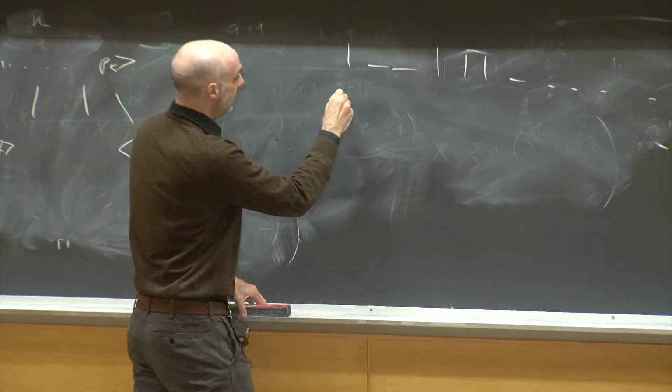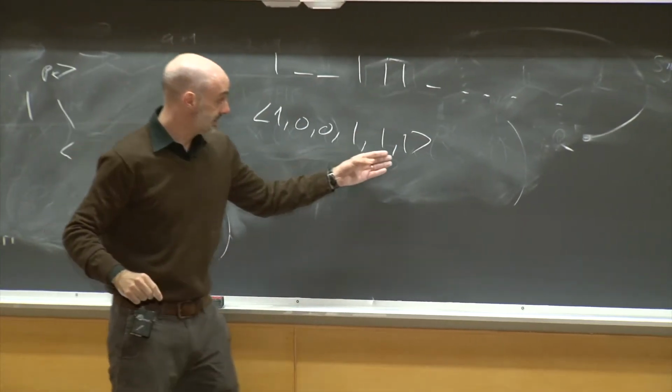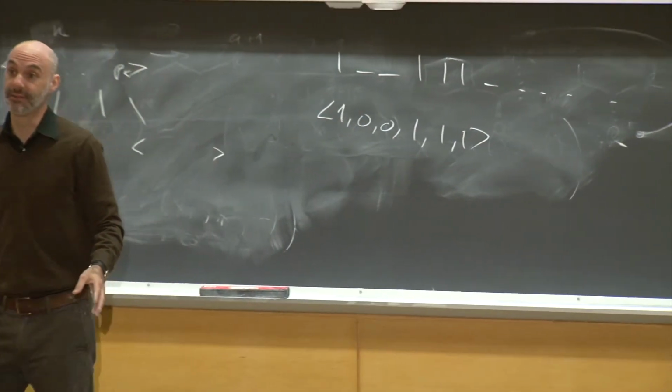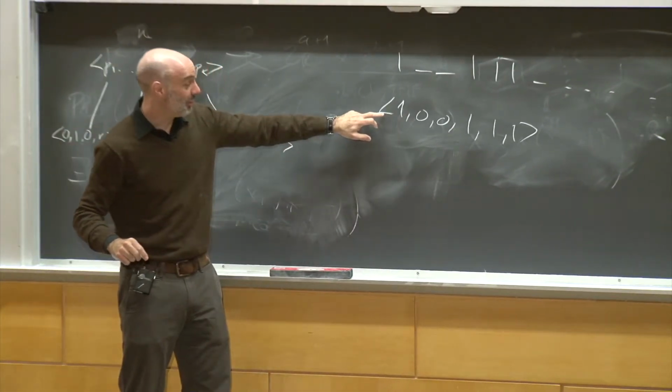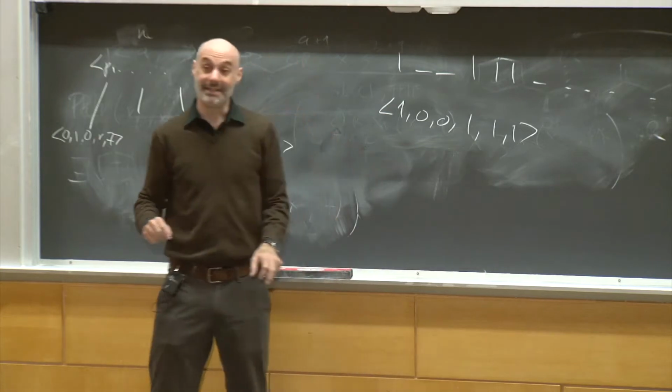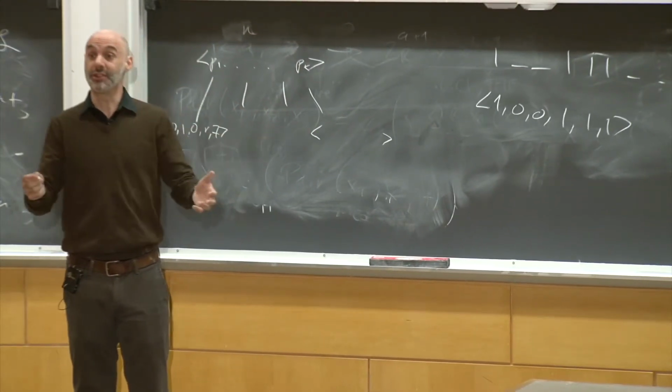You can just code that by the sequence 1 0 0 1 1 1, and then when you end, that's the indication that everything beyond that is blanks. And of course, there is some number which is going to code that tape, that sequence.